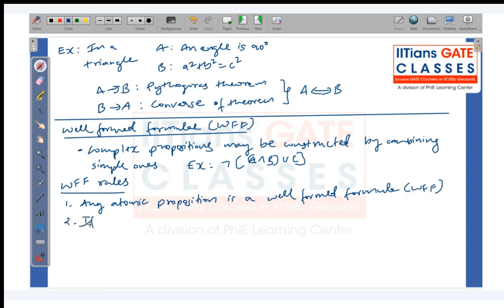Next one, let's say if A is well-formed, then negation of A is also well-formed.